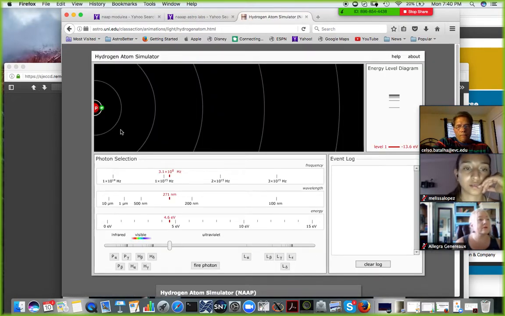An atom like hydrogen, this is an atom of hydrogen, at least a representation of it. You have a proton in the nucleus, an electron that goes around, and all these lines here represent what we call orbitals, which means regions around the nucleus where an electron is more likely to be found.